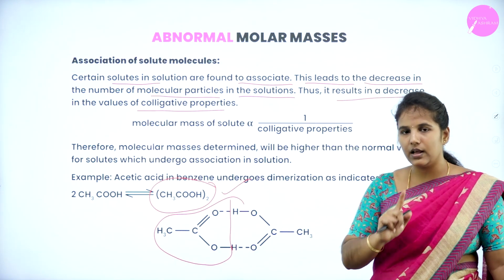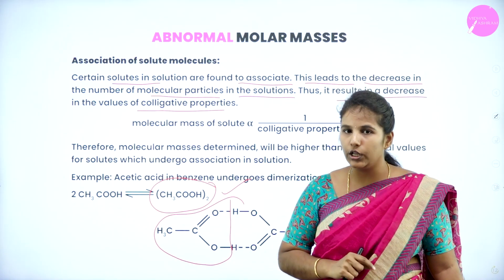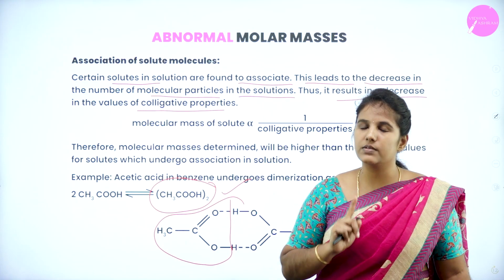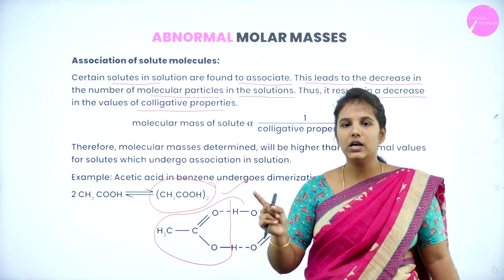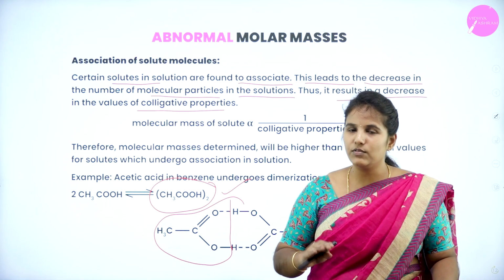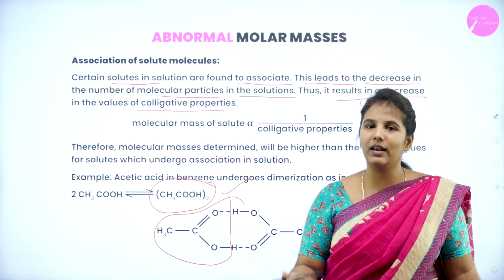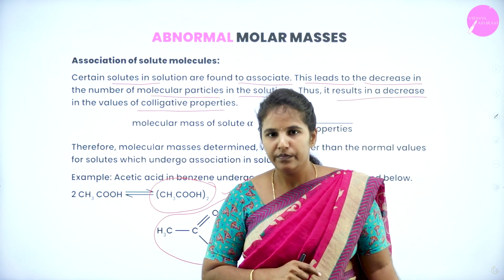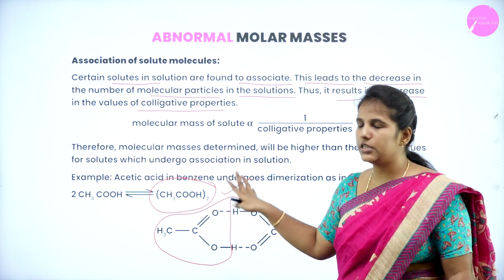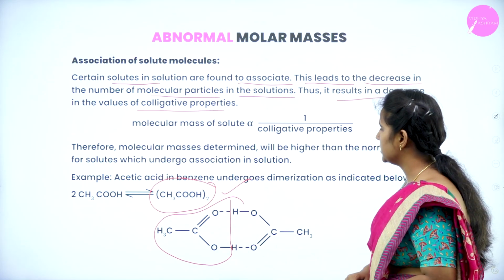So two acetic acid molecules behave like one. This is mainly because of the association of the solute molecules. So if association is taking place, remember, there is always a decrease in the colligative property value. So this is known as association of the solute molecule because of dimerization.